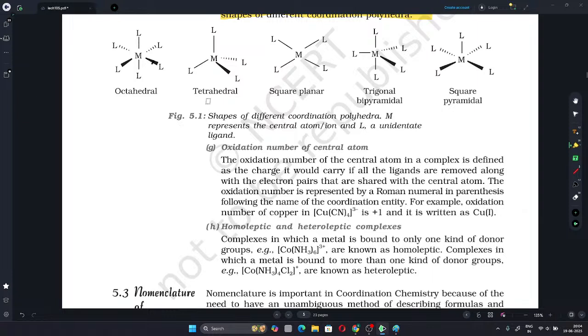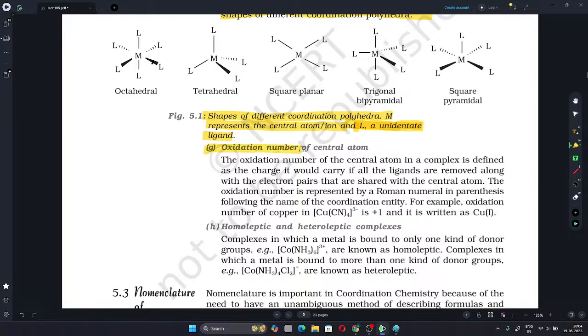It is very similar to chemical bonding and normal molecule shapes. Shapes of different coordination polyhedra: M represents the central atom or ion, and L represents a unidentate ligand.